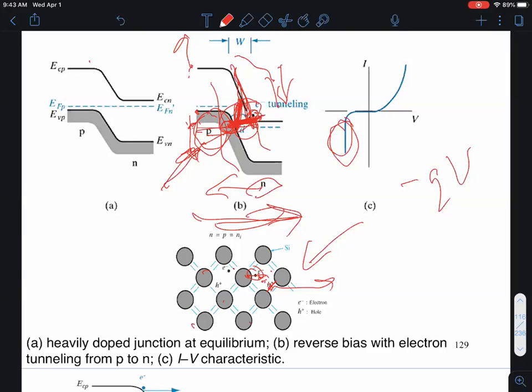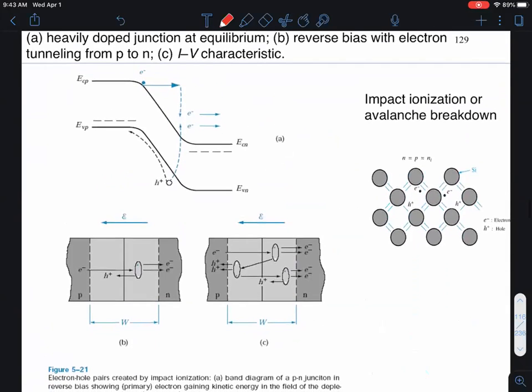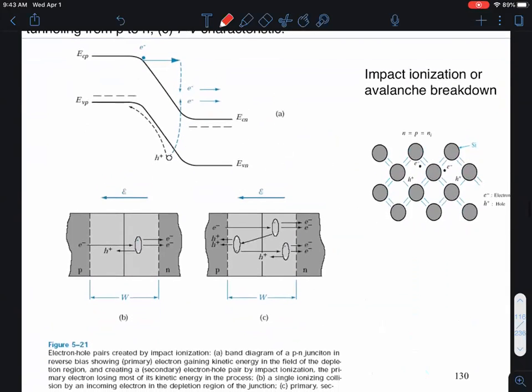Similarly, if the doping goes up, what happens to the depletion width? It becomes smaller, right? Therefore, tunneling breakdown will happen earlier. So that's the first mechanism. This is known as the tunneling breakdown mechanism, or the Zener mechanism, after the physicist Clarence Zener, who analyzed this first. There's a second mechanism, which is known as the avalanche or impact ionization mechanism.